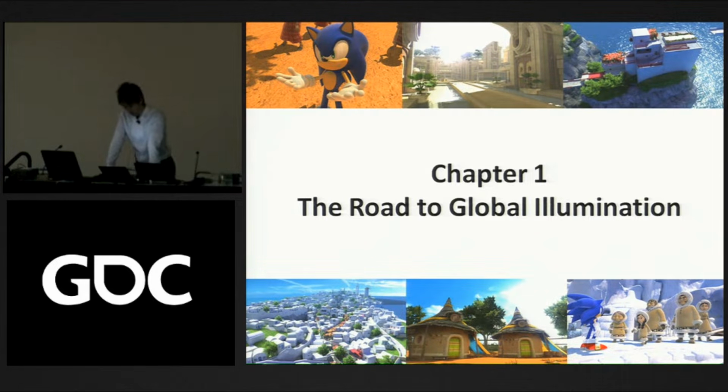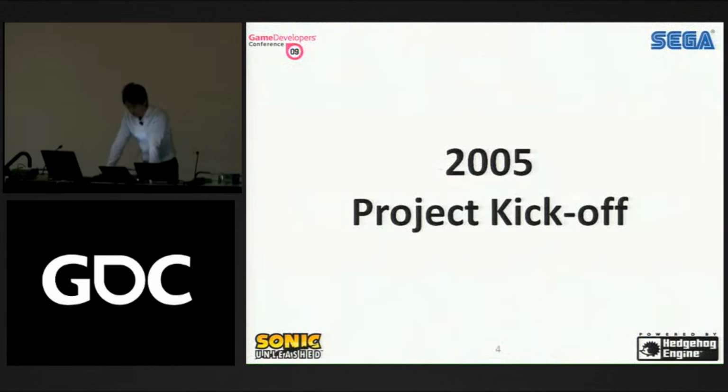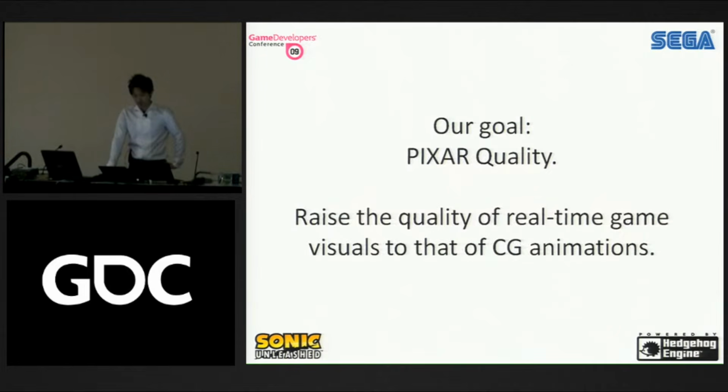I'd like to talk about chapter 1, the road to global illumination. How did we start this project? How did we introduce global illumination? That was 2005. At that time, gameplay and graphics had to have a higher quality, aiming at 2008.